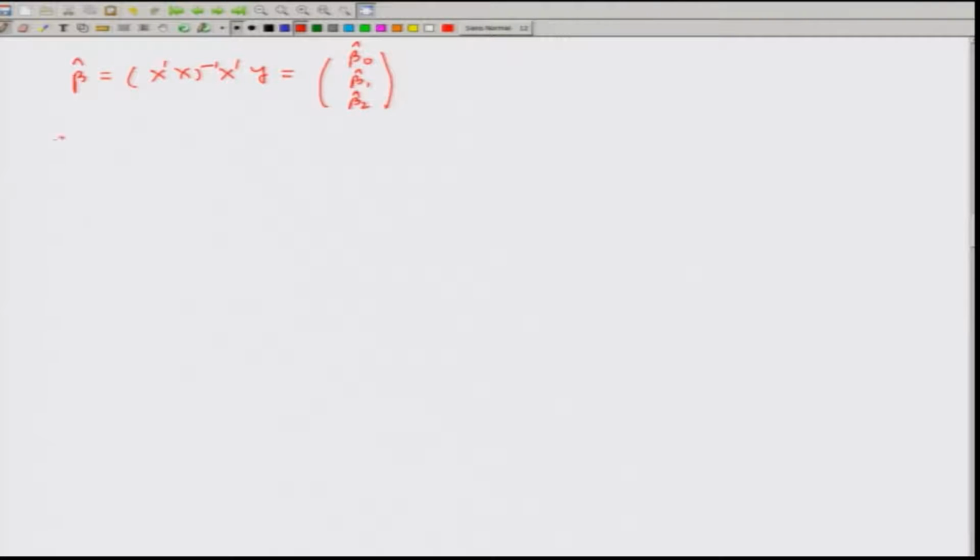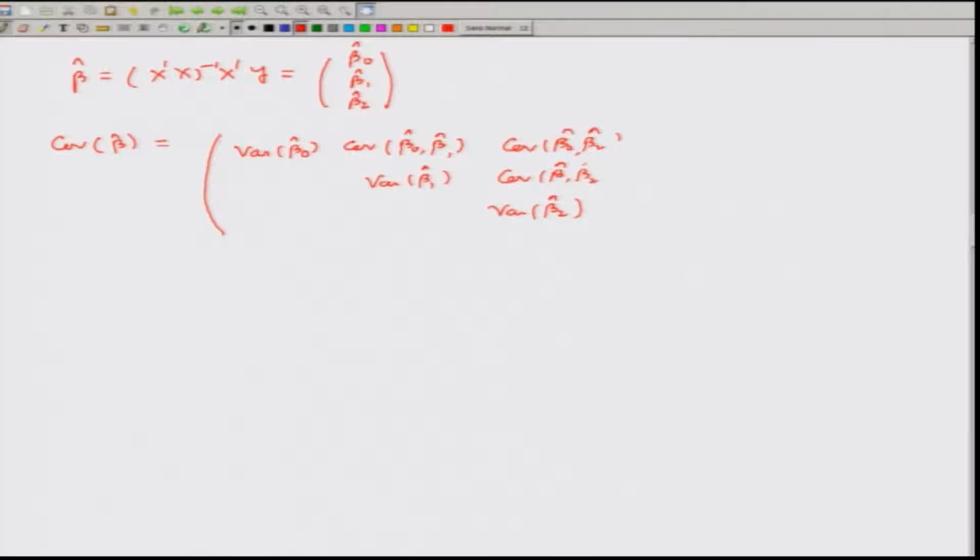Similarly, we have the covariance matrix of beta hat, which in this case has the variance of beta 0 hat, variance of beta 1 hat and variance of beta 2 hat on the diagonal. The off diagonal elements are the covariance between beta 0 hat and beta 1 hat, the covariance between beta 0 hat and beta 2 hat, and the covariance between beta 1 hat and beta 2 hat. So this matrix will look like this, but our interest here is to go for its estimate.